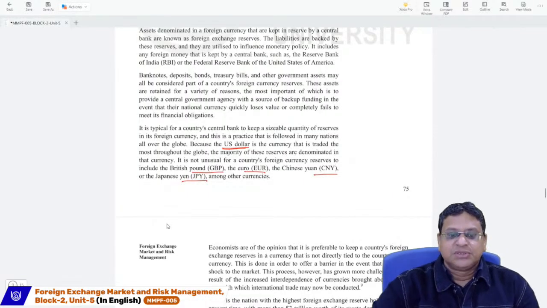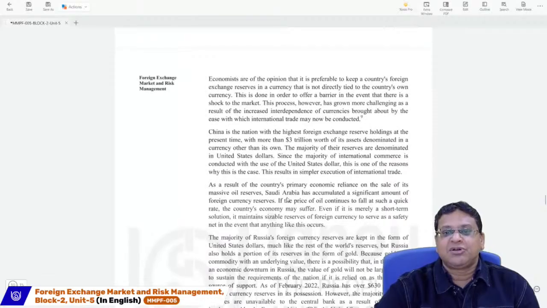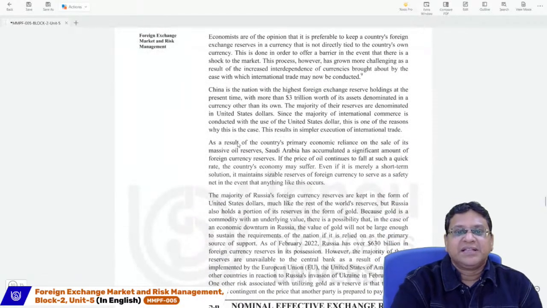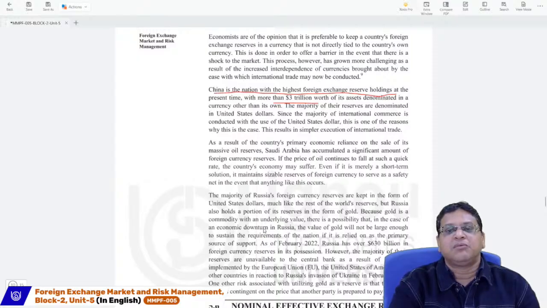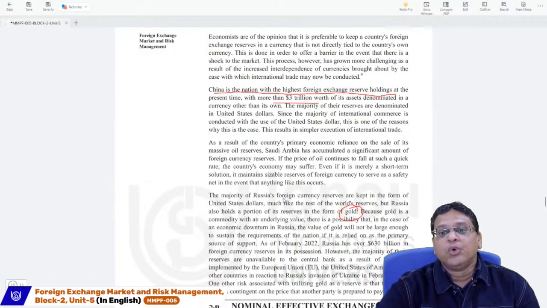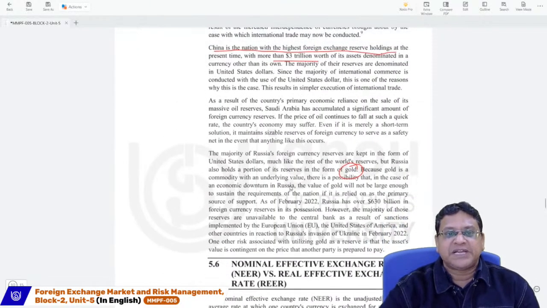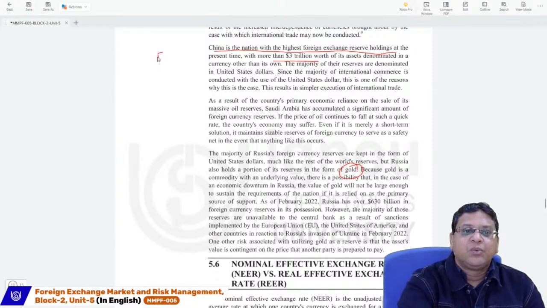I have already told you the country which has the highest forex reserve in the world, that is China, holding more than $3 trillion worth of foreign currency. Apart from foreign currency, countries also keep gold in the reserve. So in the forex reserve kitty, there are 4 components. What are the 4 components? People keep these 4 things. First, they keep foreign currency.